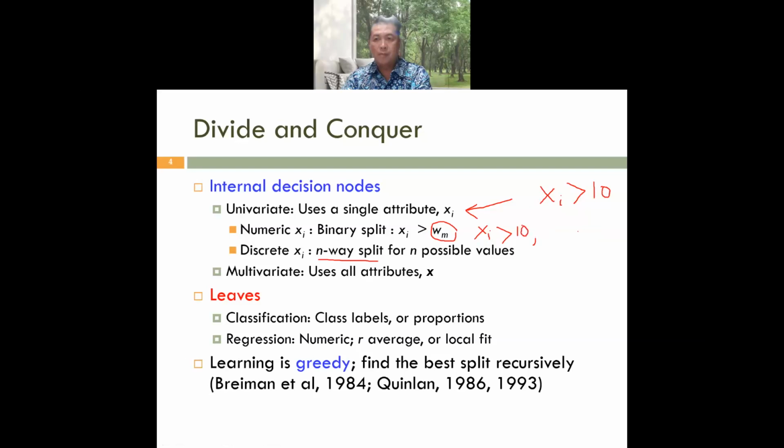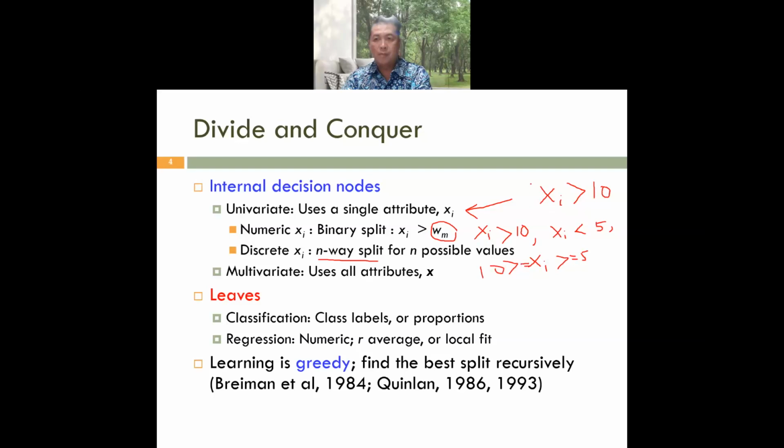So this one is if they are greater than 10, and we could also have a partition saying that if xi is less than 5, then we also have xi which is greater than or equal to 5 up to, and we could also have this, which is less than or equal to 10. Okay?